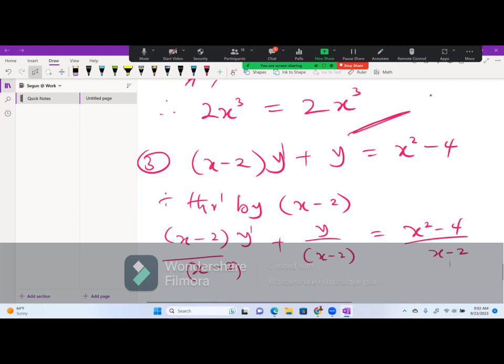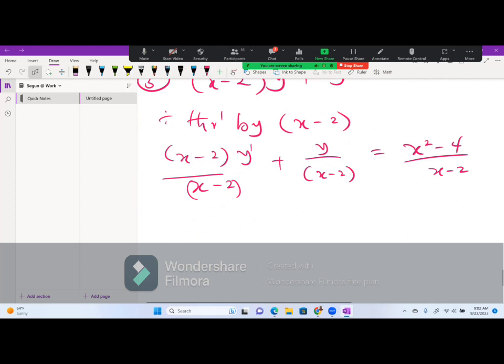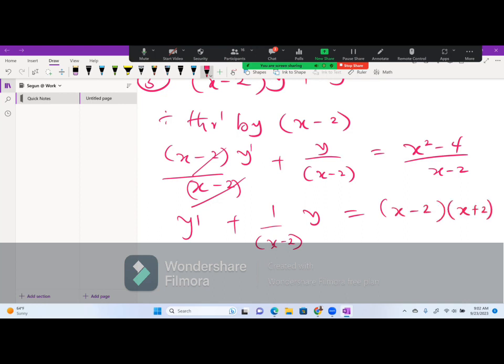So what do we have? This goes with this. So you have y prime plus 1 all over x minus 2 y equals, remember you have to break this one, difference of two squares, x minus 2 and x plus 2, divided by x minus 2. So this goes with this.